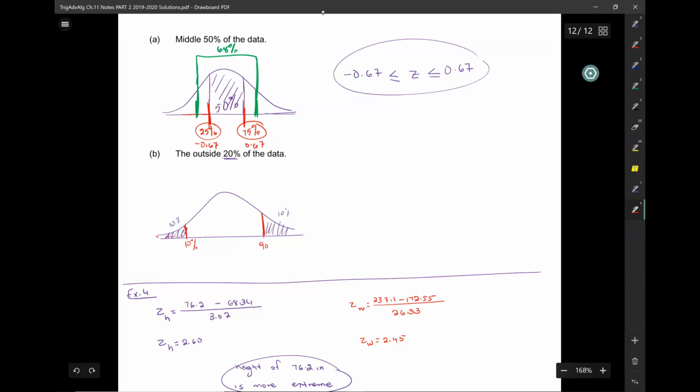Well, this is 90%. Okay? So if I want the outer 20%, it's the stuff under 10% and over 90%.